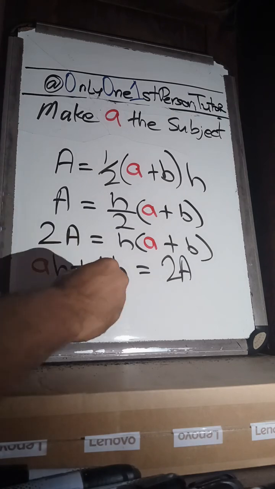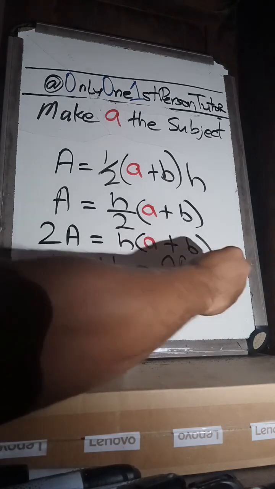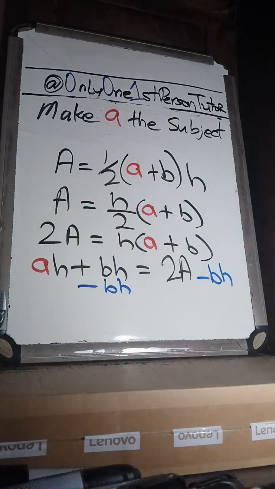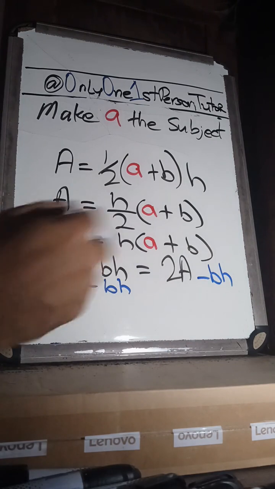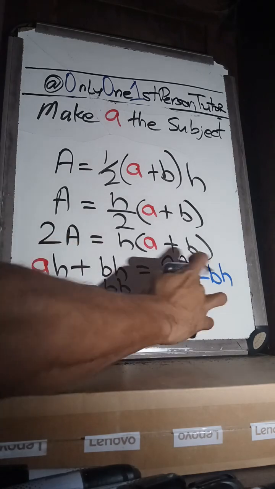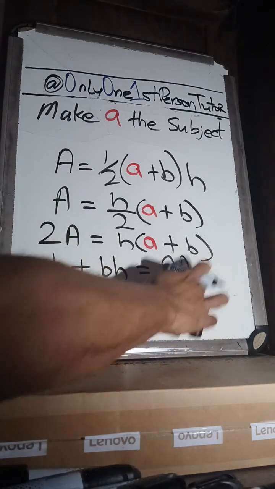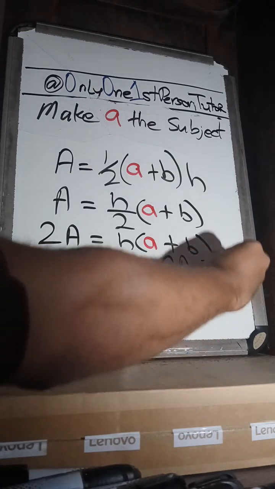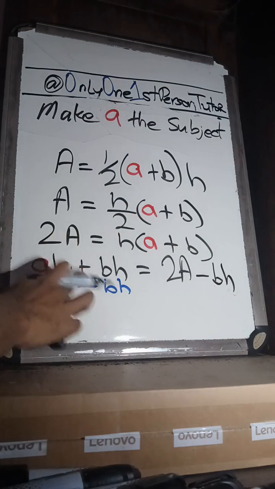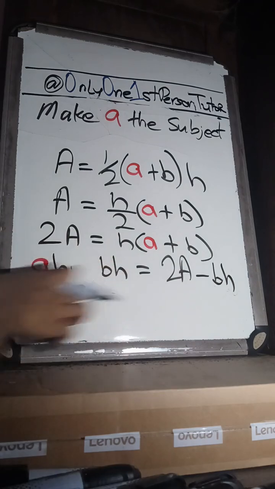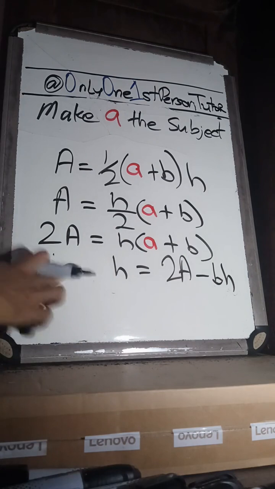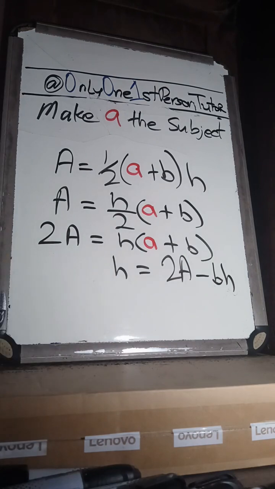Okay, so we have red letter A, H is equal to all of that. So let's get rid of that. There we go.